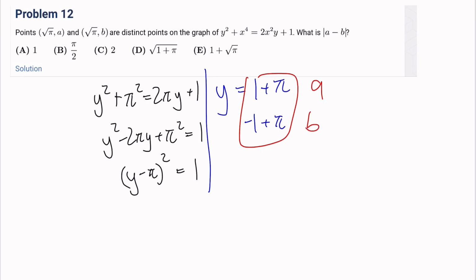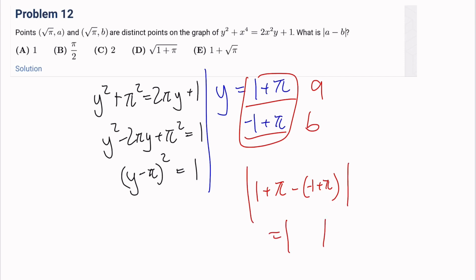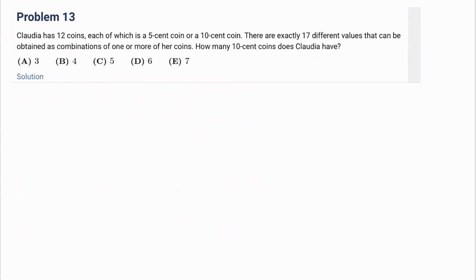Let's say that this is a and this is b: 1 plus pi minus, minus 1 plus pi. The absolute value of this will be the absolute value of 2, so the answer is 2. It's C.